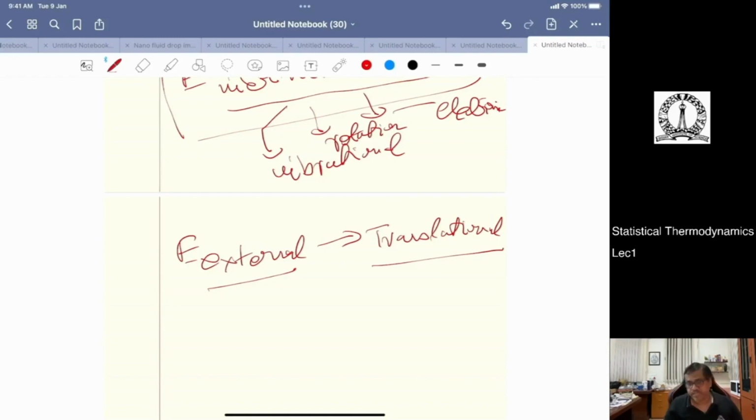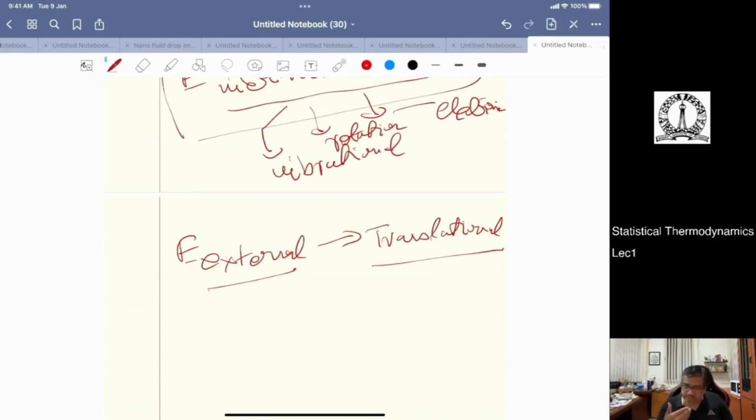And then by employing statistical methods, we can average this across all particles to calculate the macroscopic properties. So from quantum mechanical calculations, we understand the contributions of the different modes, the vibrational, rotational, electronic, translational. And then by using statistical methods, we average it across the entire system, which is composed of millions and millions of atoms.